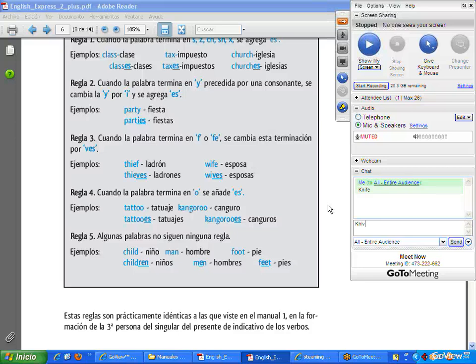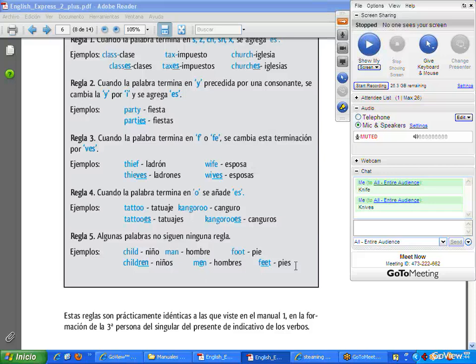Some words don't have any rule, okay? These are irregular nouns, like child becomes children, man becomes men, foot becomes feet, woman becomes women, teeth, diente, dientes, teeth, singular, tooth, one tooth, two teeth.